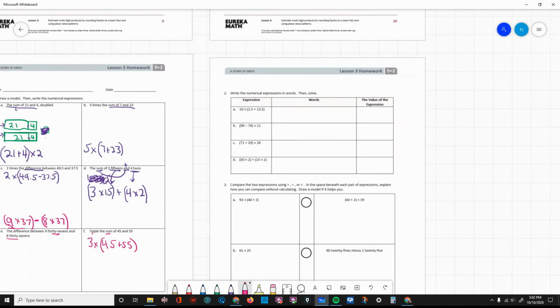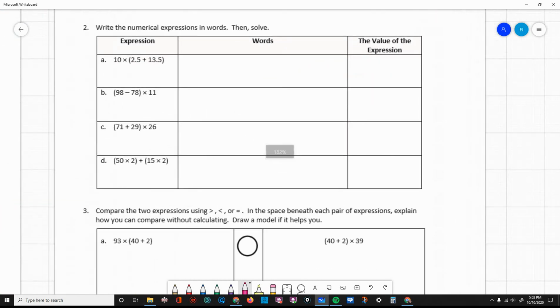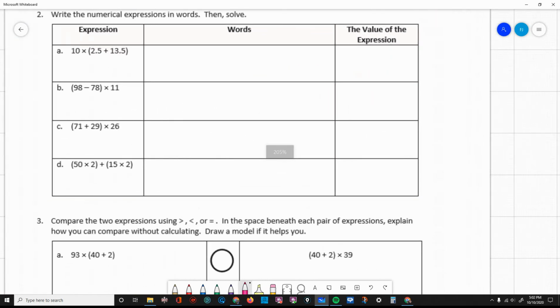All right, and we're going to look at A. Now it wants us to write the words. So let's just look at this. We have 10 times, in parentheses, 2.5 plus 13.5. So we're going to start off with 10 times, and then look at our operation. Are we adding or subtracting?